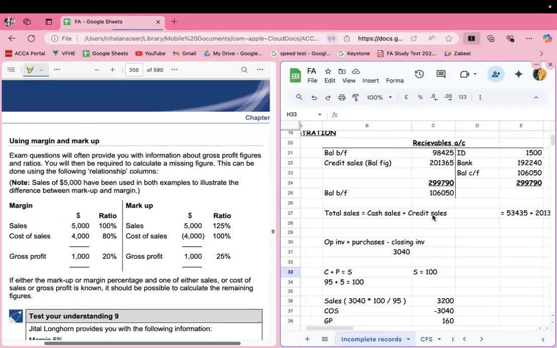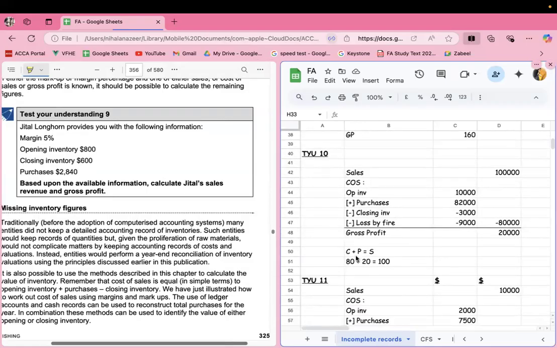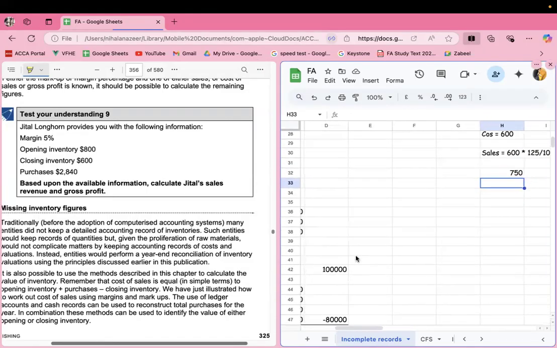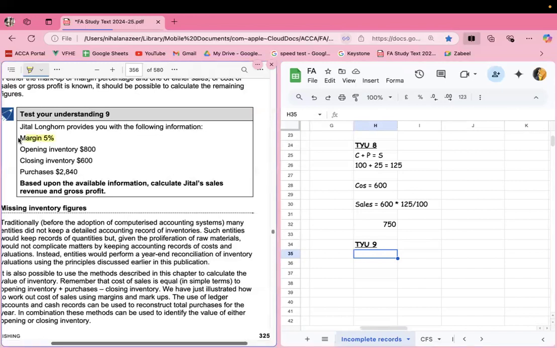Using margin and markup. Now TYU 9. Longon provides you with the following information. The margin is 15.5 percentage. The opening inventory is 800, closing inventory, purchases.